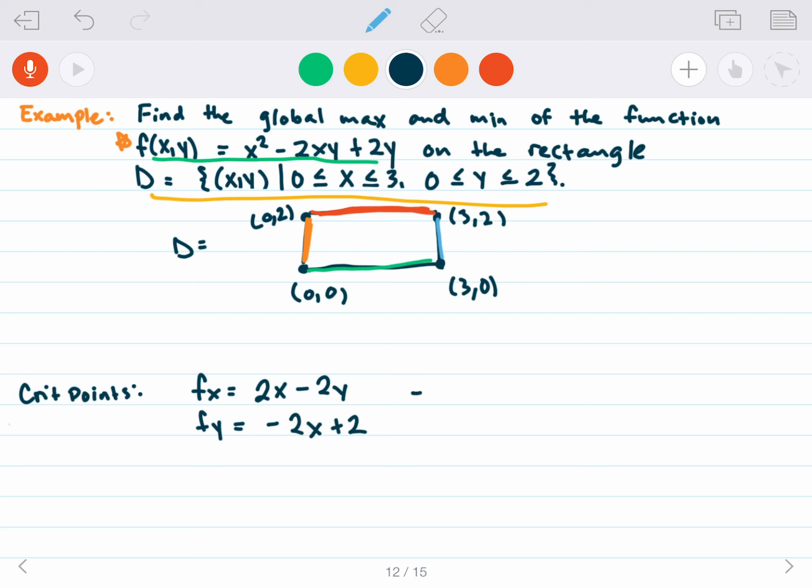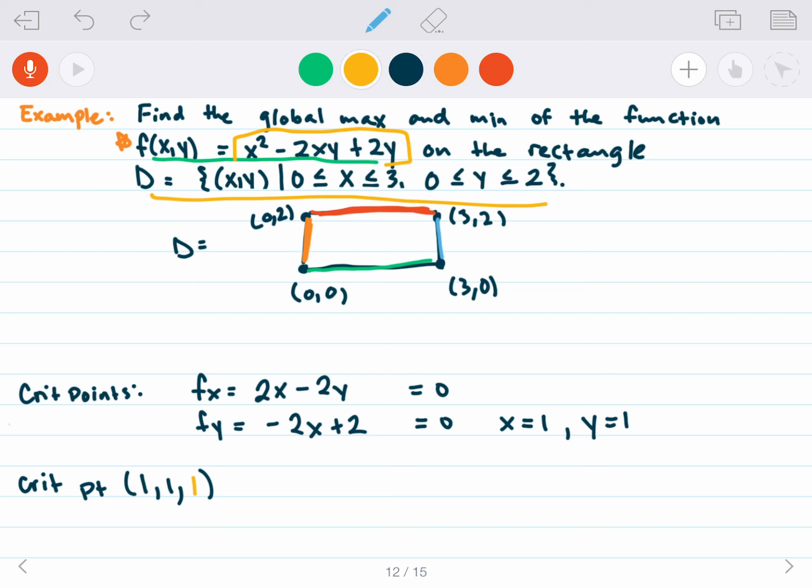Set these equal to 0, and I get x is equal to 1, y is equal to 1. So my critical point is going to be (1, 1). Now, if I plug (1, 1) into this function, I'm going to get 1. So this right here could be a possible absolute max or min.